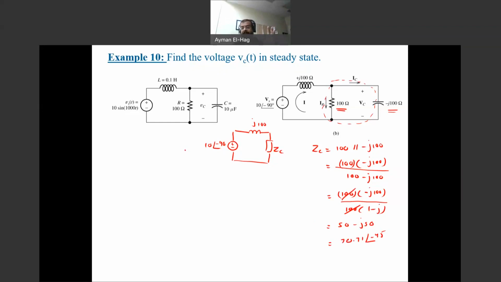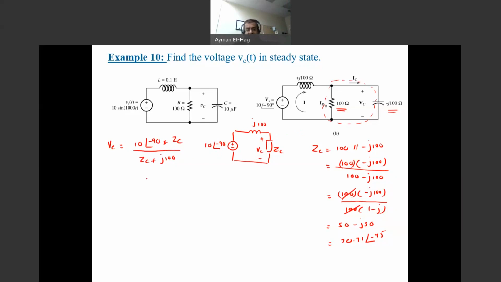Now we will apply voltage division. What is voltage division? We have a voltage source in series with two impedances. Your VC is nothing but this voltage, the same as this VC. So your VC will equal the main source, which is 10 angle of minus 90, times ZC divided by ZC plus j100, because now ZC, representing this whole impedance, is in series with the j100.